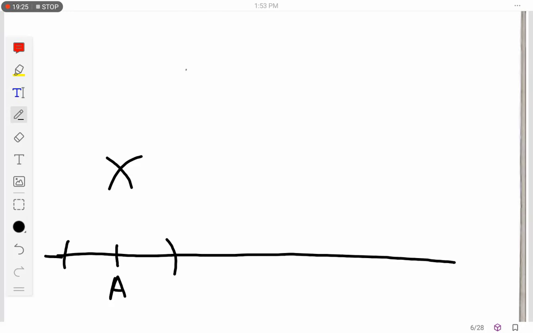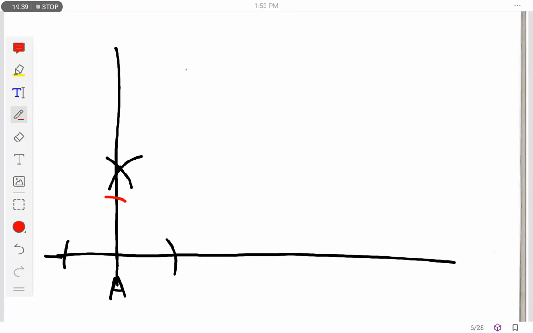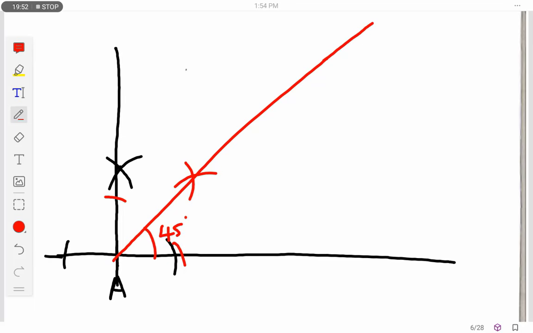If you want, you can go to the bottom, but these 2 points are enough to give you a 45 degrees. So we get our 45 from a 90 degrees. Then from here, we are now going to bisect this 90 degrees there, and we get these points. We are bisecting the 90 degrees to get our 45 degrees. So this is our 45 degrees there, even if you don't write it. Okay, we are done with that.